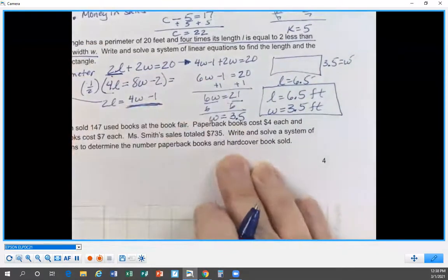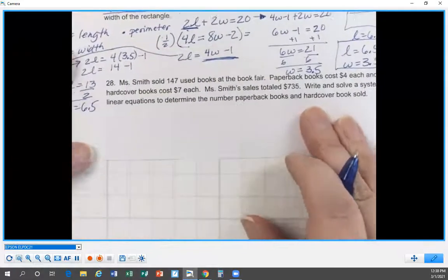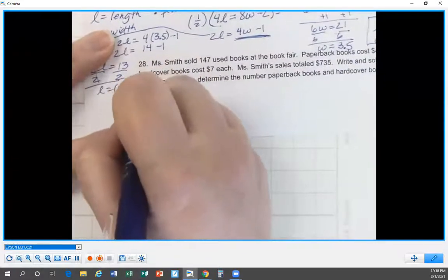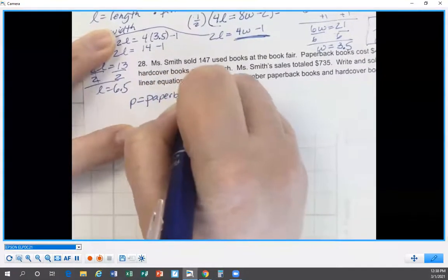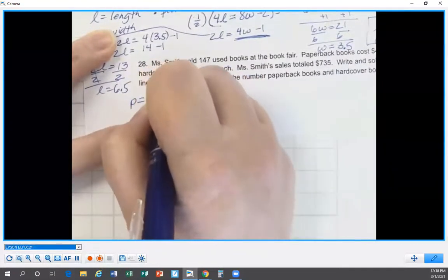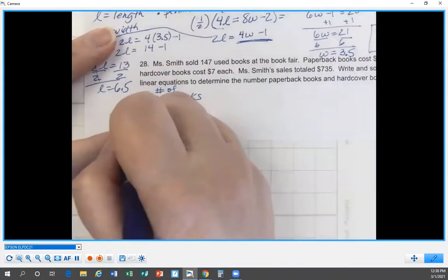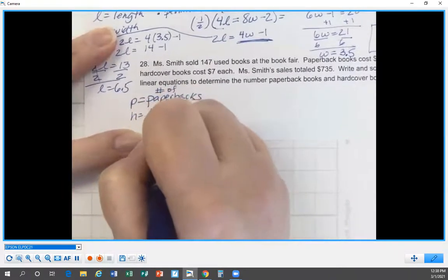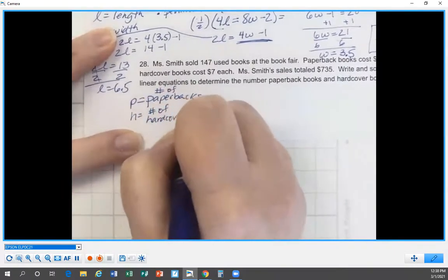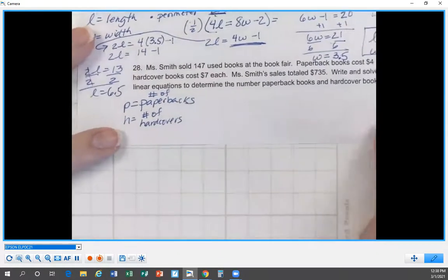Okay, 28. Mrs. Smith sold 147 used books at the book fair. Paperbacks, okay, so we'll call P the number of paperbacks, were $4 each, and hardcover books, we'll call H the number of hardcover books, were $7 each. Her sales totaled $735.